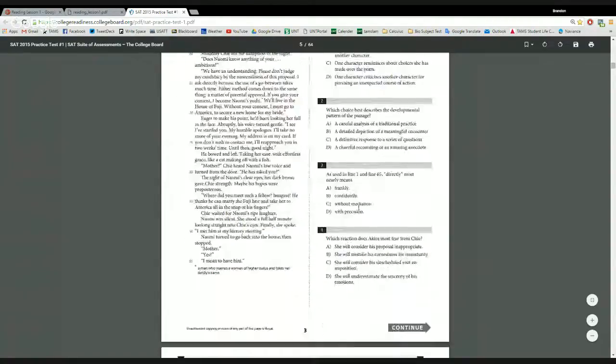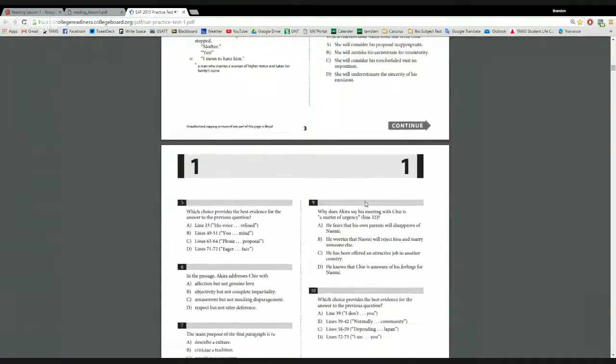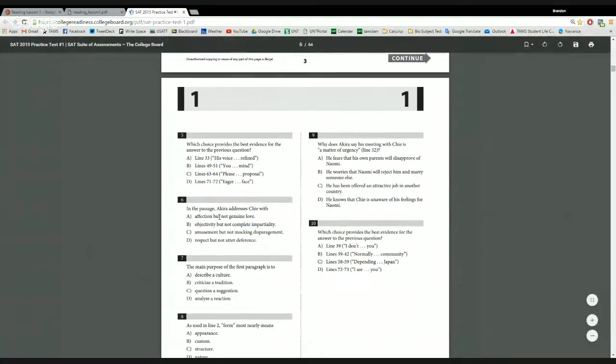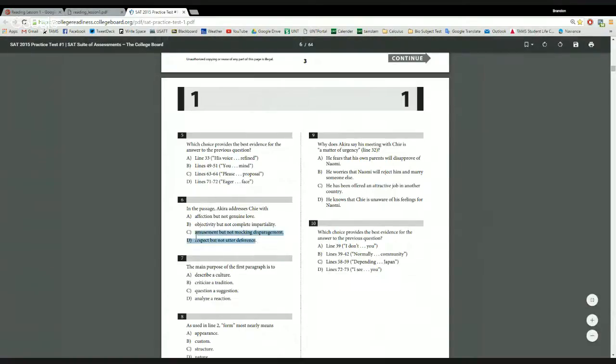These are all ways of showing politeness, trust, sincerity. So it's not affection, it's not attractiveness, and it's not amusement. It's actually respect, as I just showed you. So the answer is D, respect.